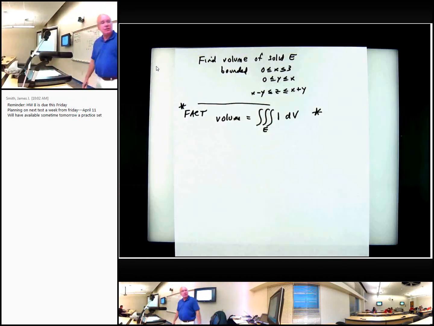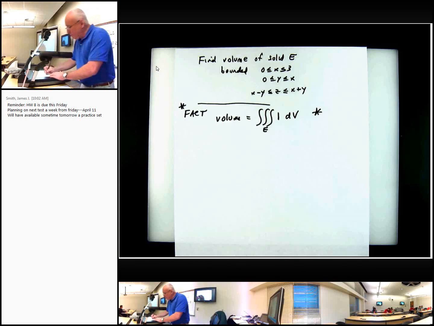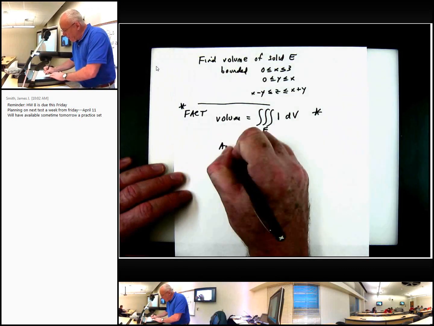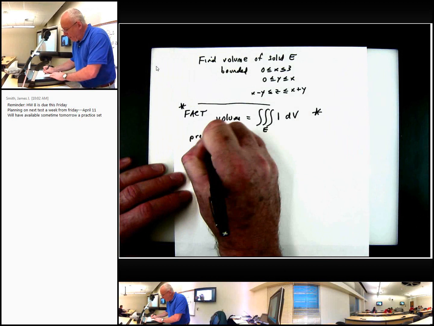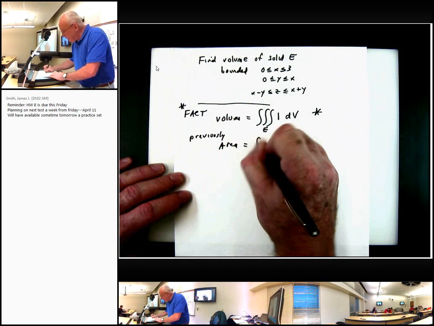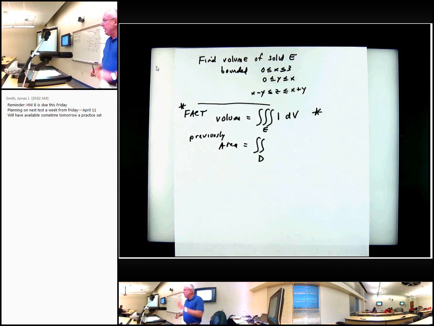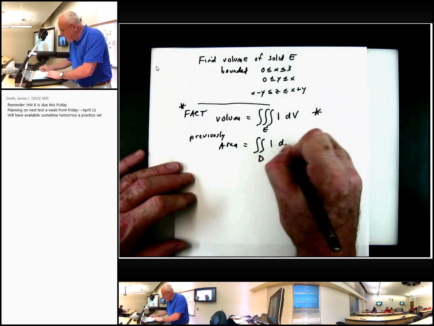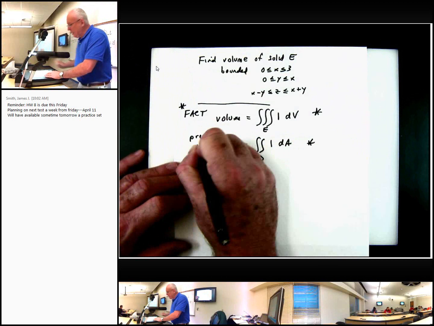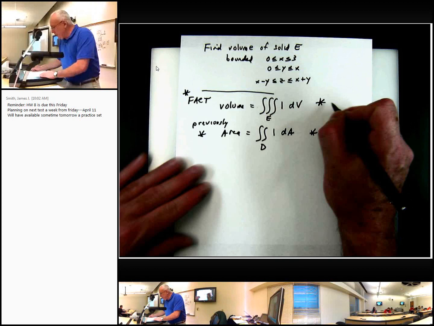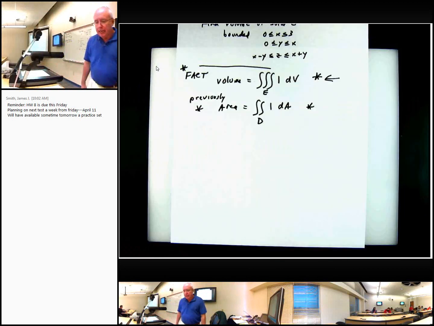So I'm going to put an asterisk by that. Just remember also we had from previous that the area is the double integral over a two-dimensional region of 1 times dA. That's another thing that we had previously. So these are both related to each other. So we're going to use this formula here for obtaining the volume.